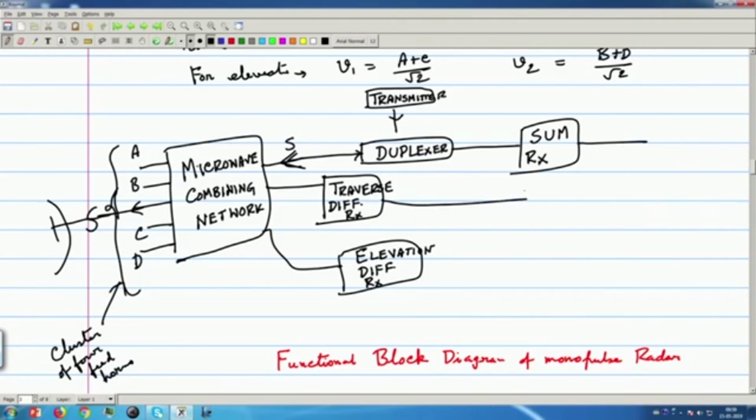Now, this needs to be given to 2 processors. One is called the traverse monopulse processor, and its output will be the traverse angle.